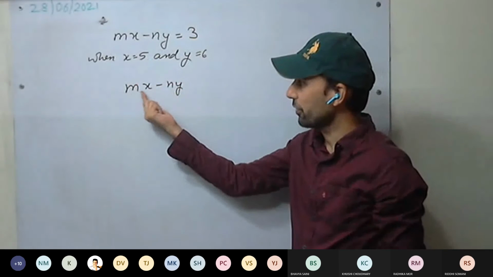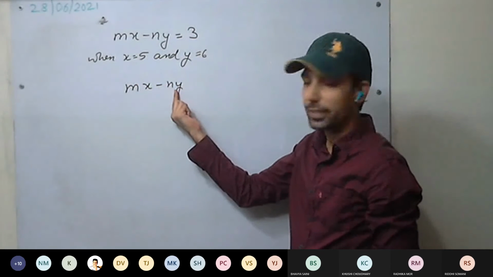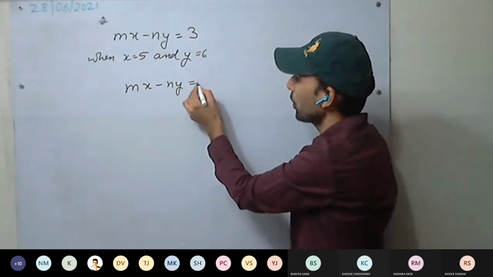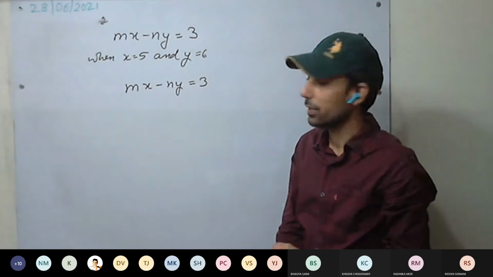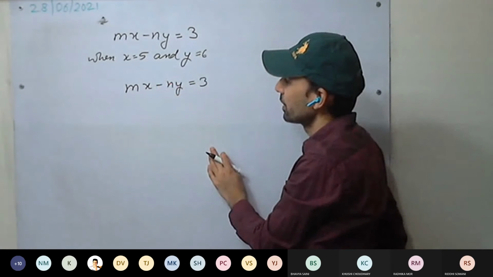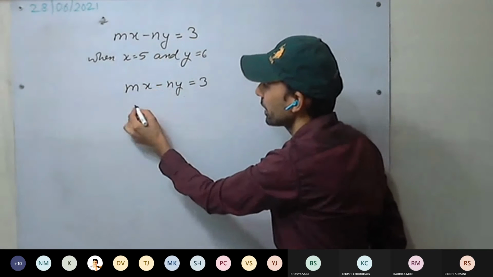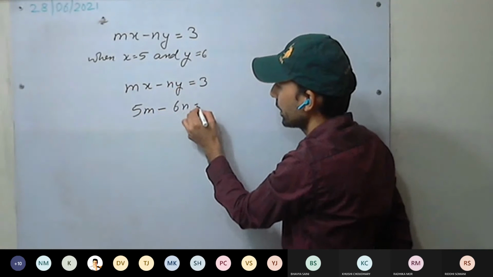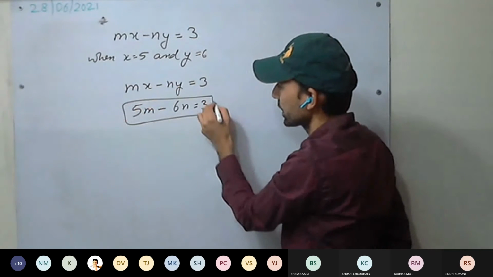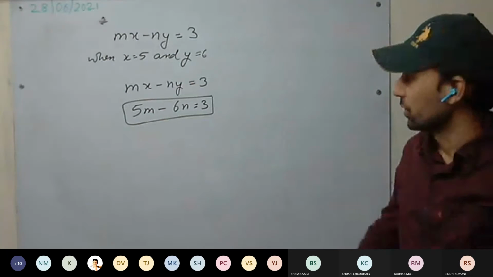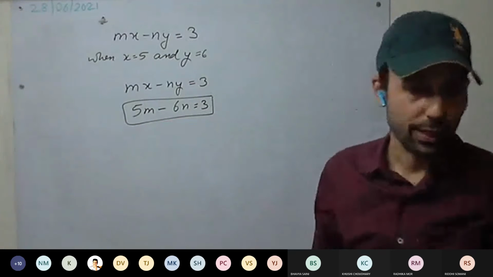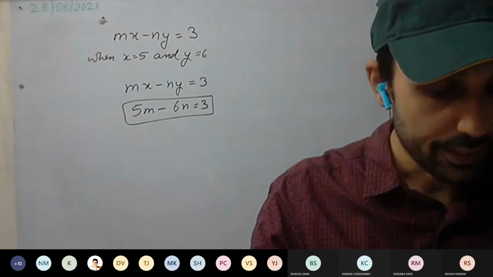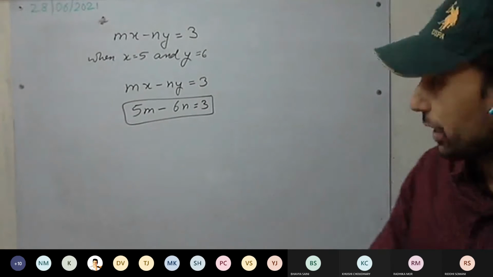So put the value of 5 here. It will be 5m minus 6n equal to 3. This is clear? So this will be our first equation. Second equation, check. Its value is 8. Whose value?